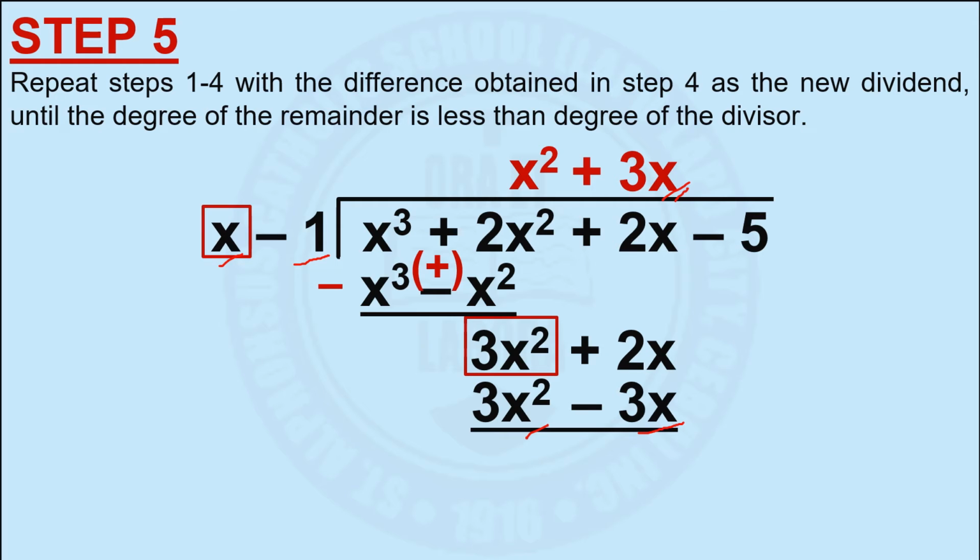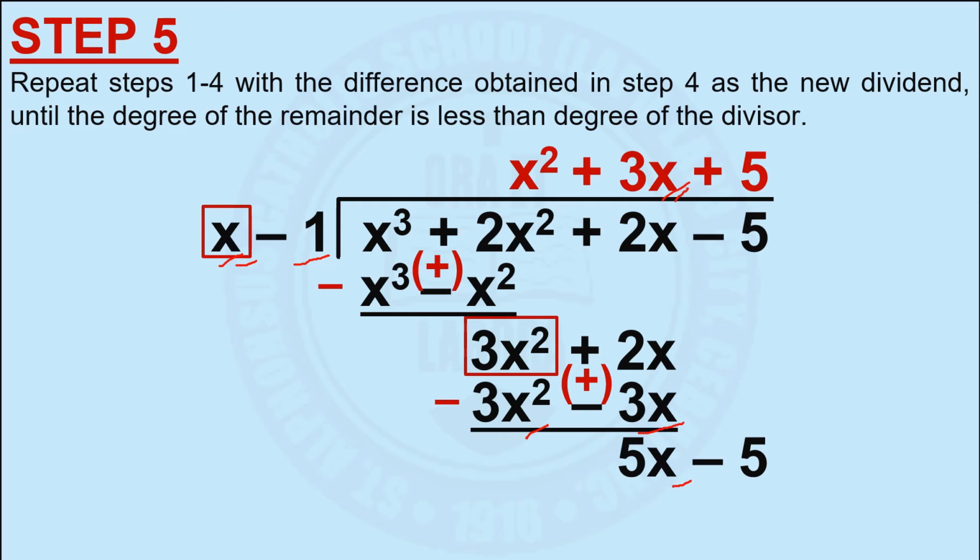Again, change the signs. This becomes minus, and this becomes plus. Combine similar or like terms. So it becomes 5x. Bring down minus 5. Then divide again 5x with x. So the result would be plus 5.